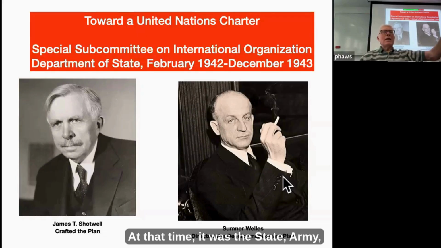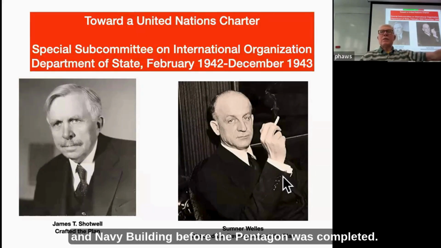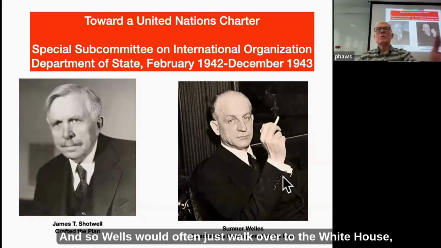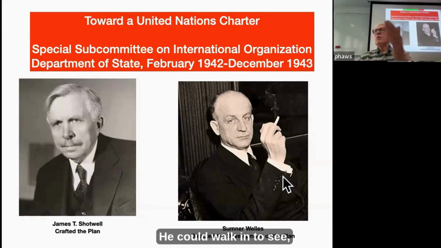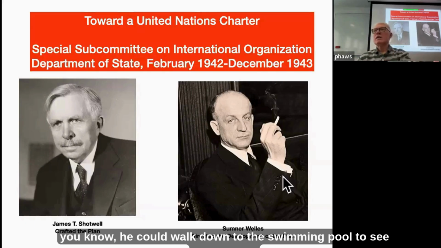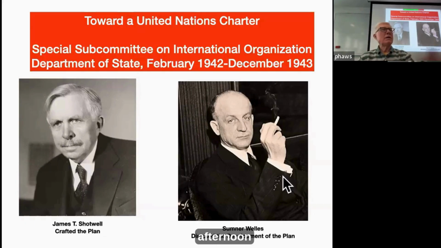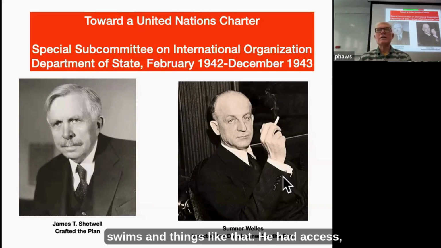At that time, it was the State, Army, and Navy Building before the Pentagon was completed. And so Welles would often just walk over to the White House, and he could walk in to see Eleanor Roosevelt. He could walk down to the swimming pool to see Roosevelt on his afternoon swims and things like that.